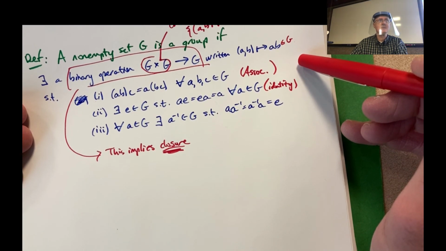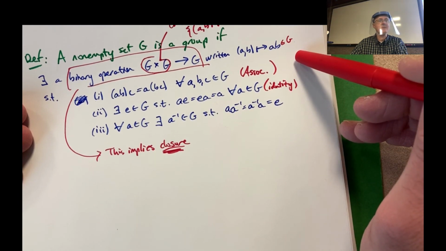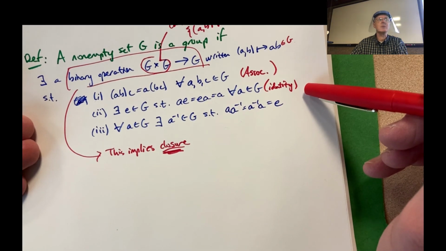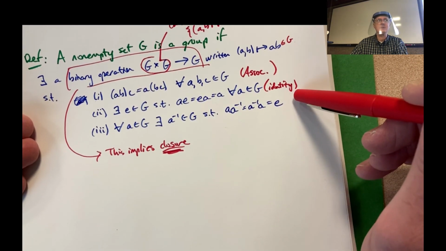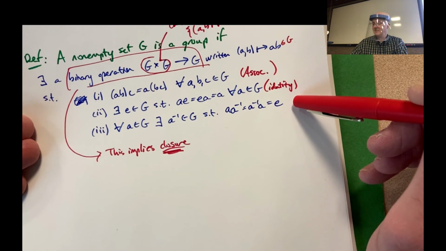Does that make sense? When you apply the theory to particular situations, you have to check in that situation, are these axioms satisfied? And we will check that today.